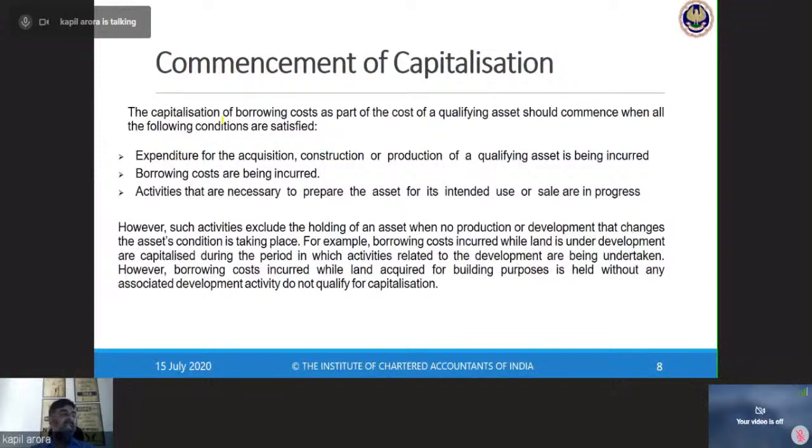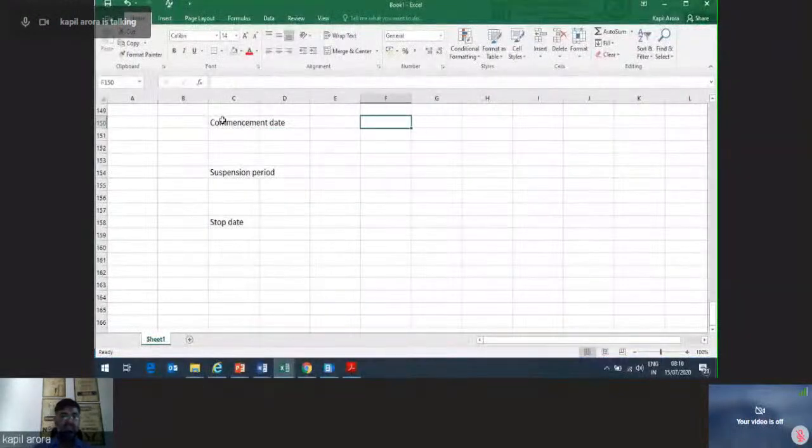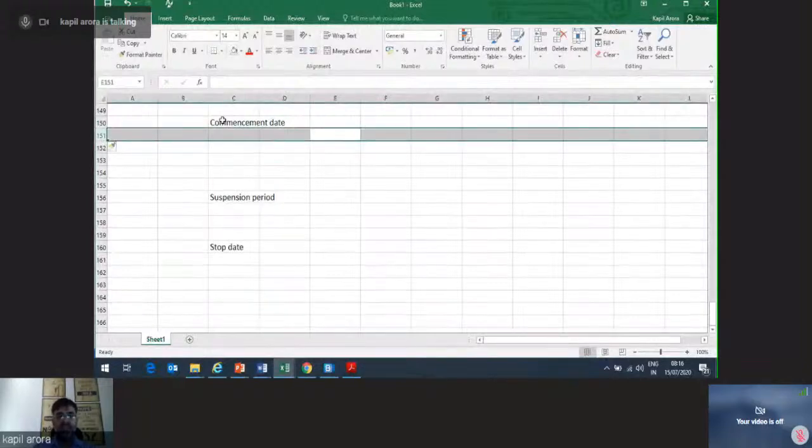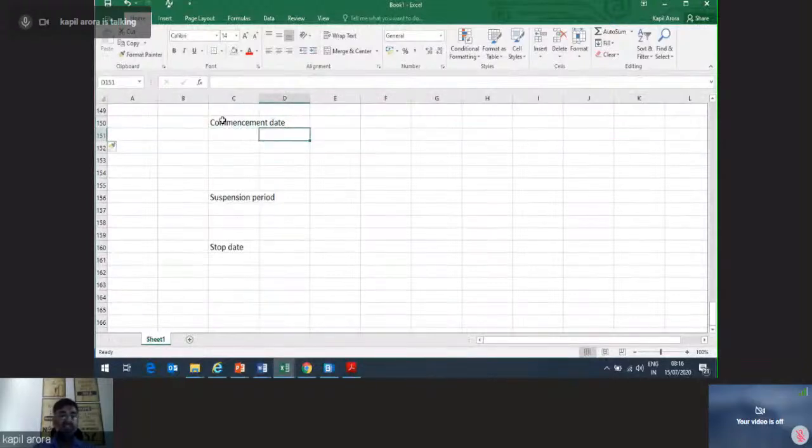Now commencement, when we are going to start our capitalization. As I mentioned, there are certain criteria which need to be satisfied for any borrowing cost to be added to the value of the asset. Which date would be considered the date of commencement? I mentioned 3 criteria are there.